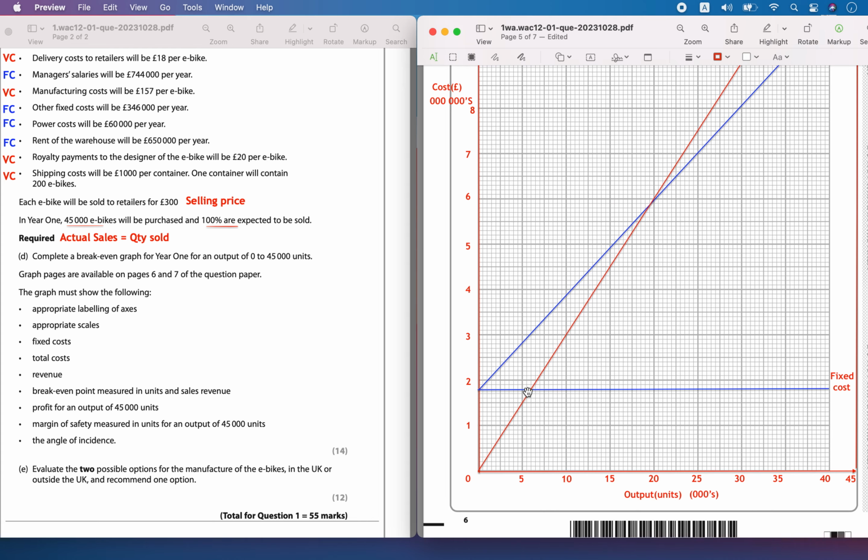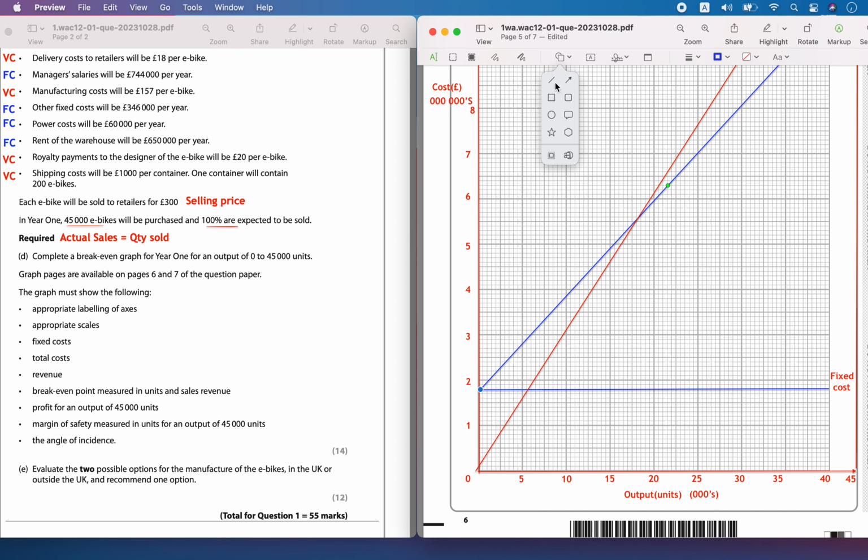Now from this you will be able to calculate the break even. Break even should be around 18,000 as per the real calculation, so let's draw here. Where the total cost line and your revenue line cross, that is going to be your break even point.